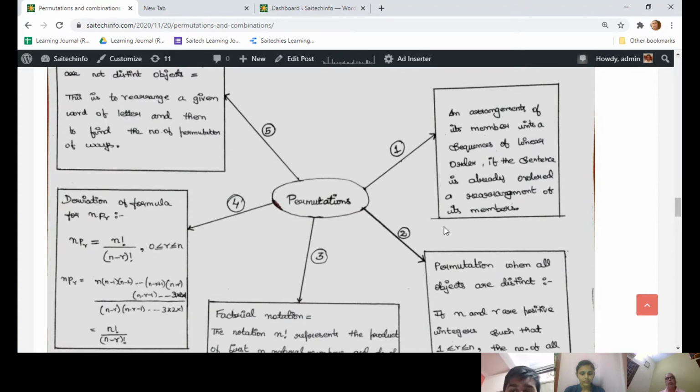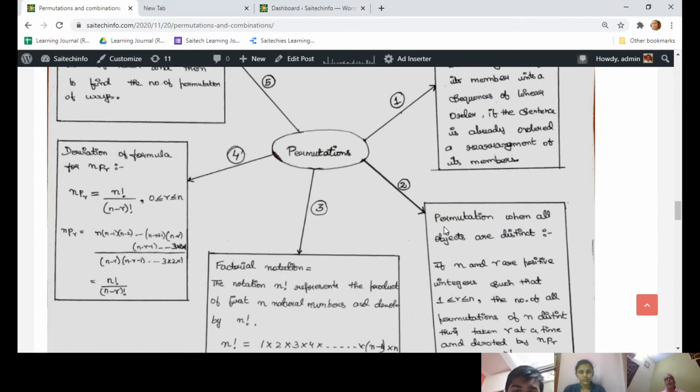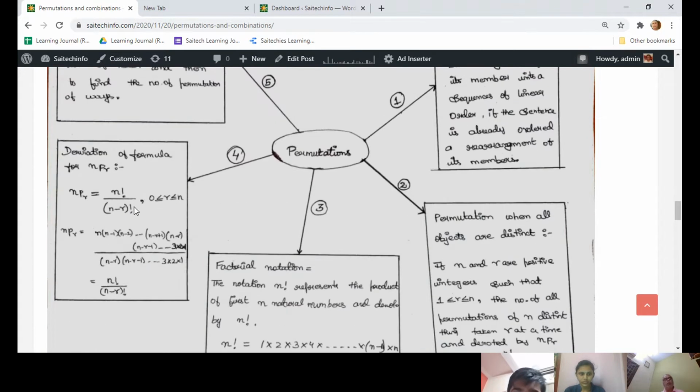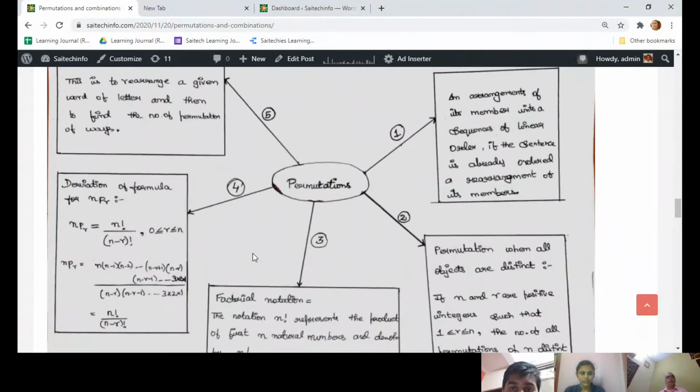So we use n factorial as n into n minus 1 into n minus 2 and so on, and divide by n minus r factorial, which is n minus r into n minus r minus 1 and so on, down to 3 into 2 into 1. By dividing this, we get the formula n factorial by n minus r factorial.